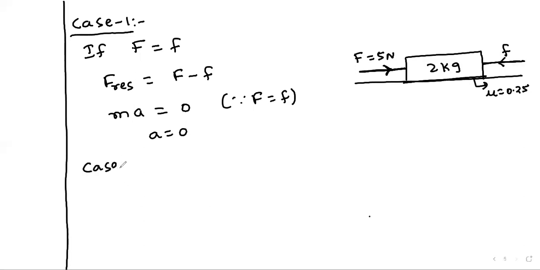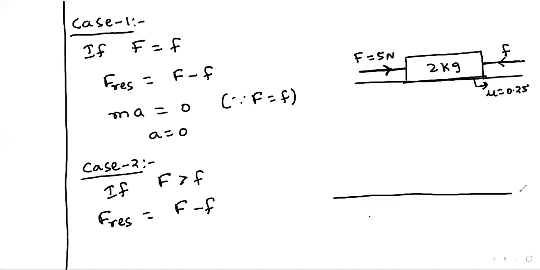Next, case 2. If capital F is greater than small f, then F resultant is equal to the applied force minus the frictional force. For the same object, suppose I apply a force of 6 Newton.